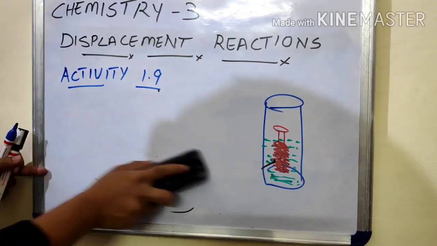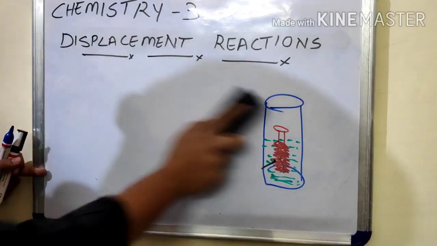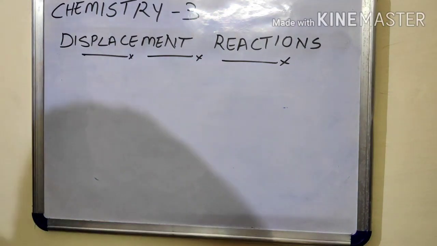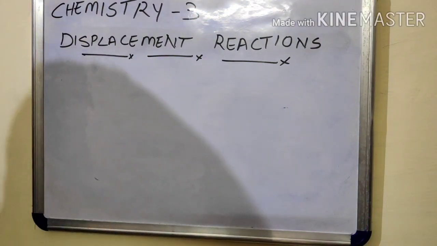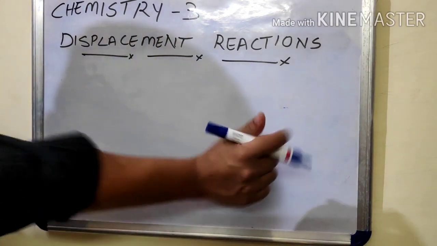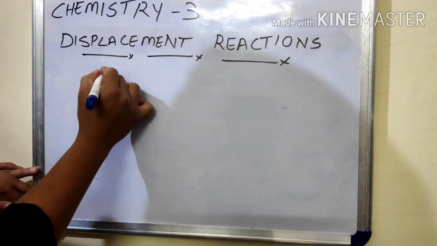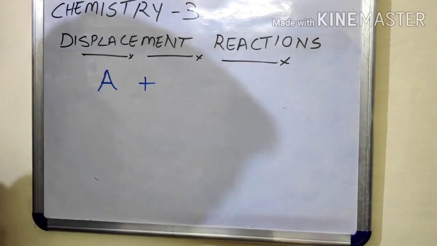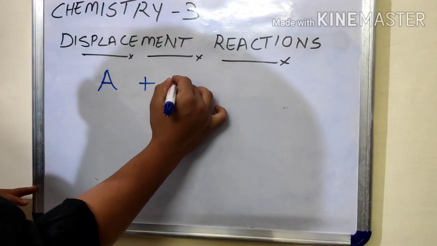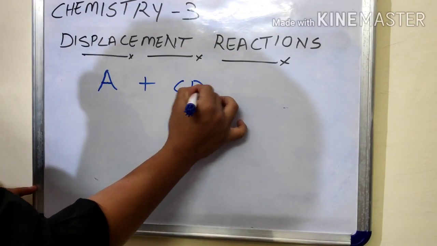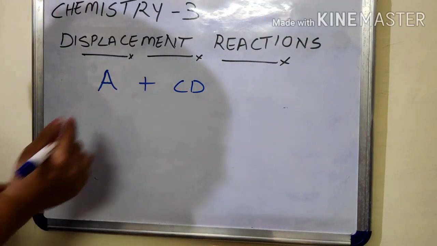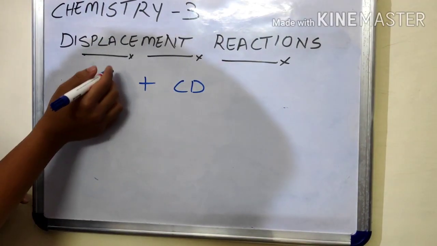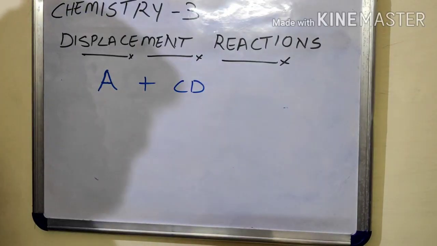So basically in a displacement reaction, a single element A reacts with another compound, let's say CD. Now A replaces the C. A will generally be the cation.